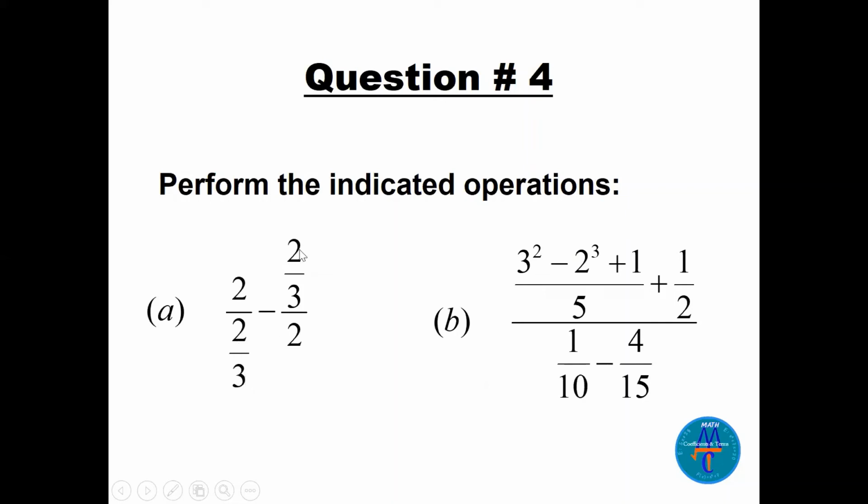Here we have the numerator 2 over 3 divided by 2. You have to read this one carefully. You see the fraction on the same line as the subtraction. In the second one, we have 2 fractions added. In the denominator, 2 fractions subtracted. Okay, let's do the first one.